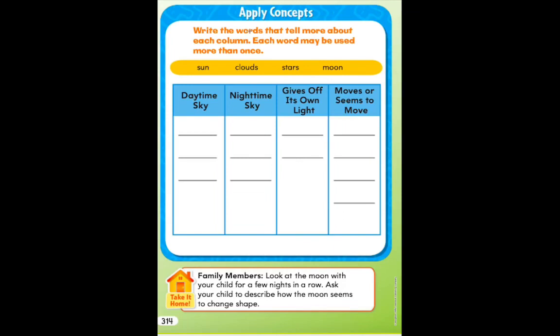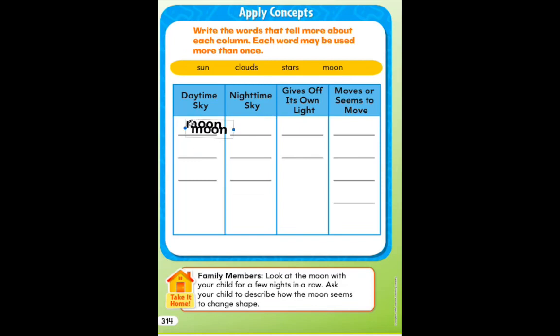Okay, write the words that tell more about each column. Each word may be used more than once. So we are going to write the words under daytime sky. What do you see in daytime sky? Always remember there are two things common in daytime and nighttime, and that is moon and the other one is cloud.